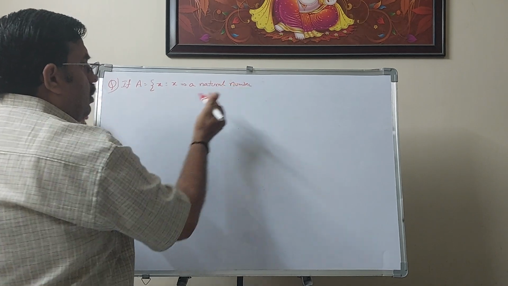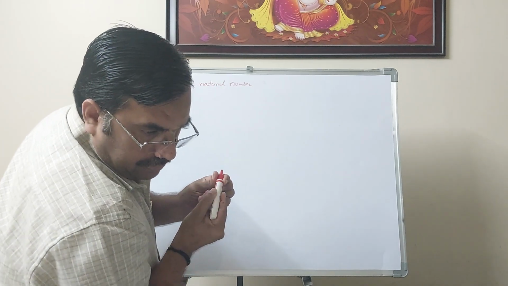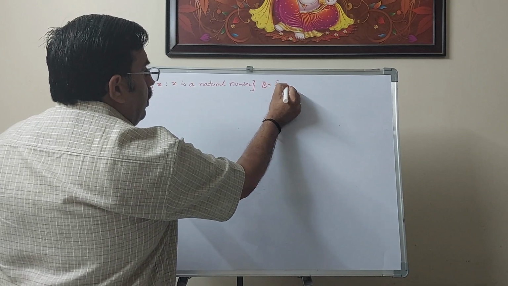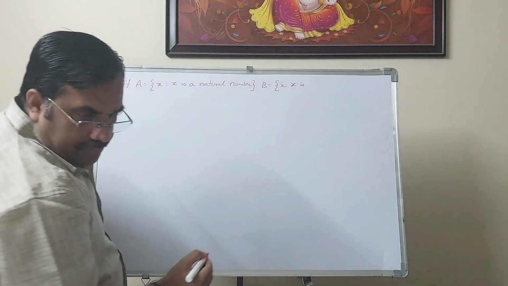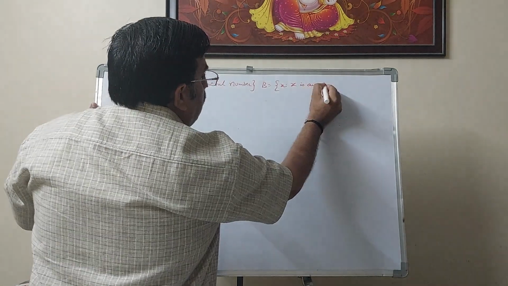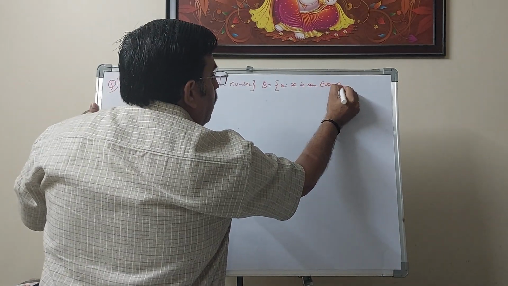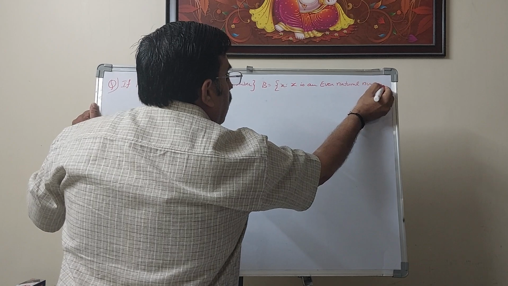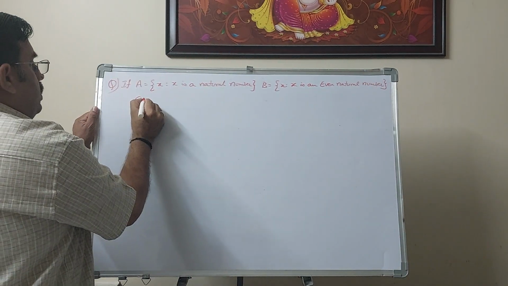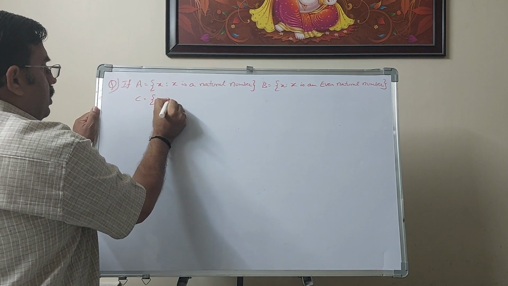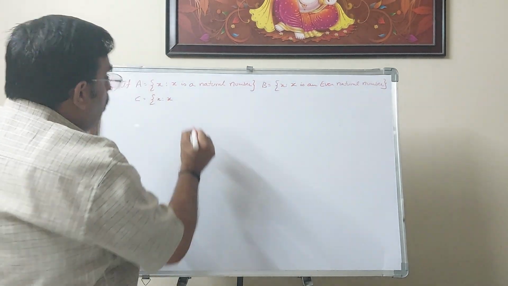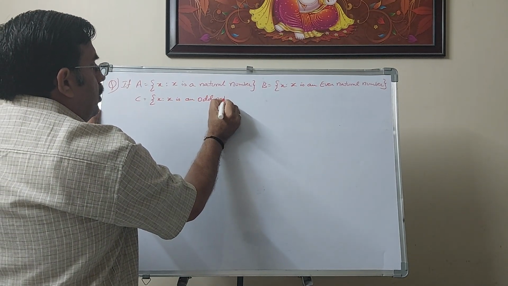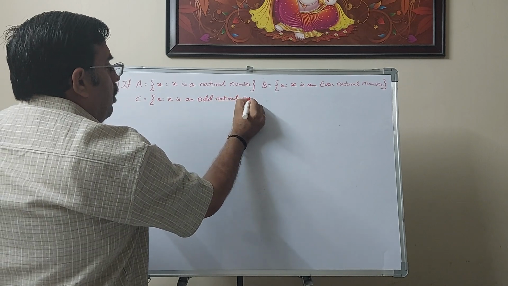B is equal to {x such that x is an even natural number}. C is equal to {x such that x is an odd natural number}.